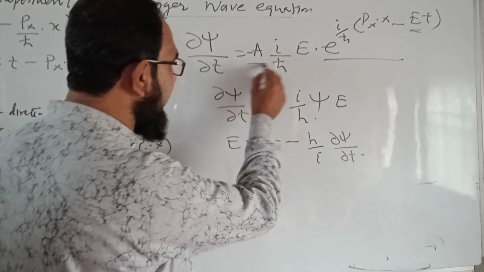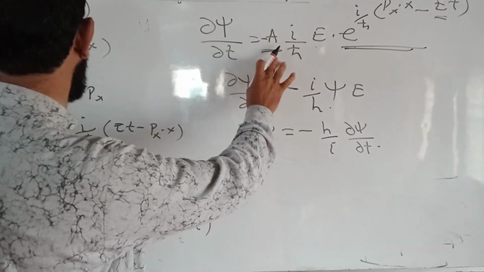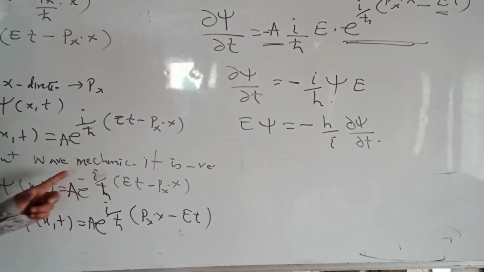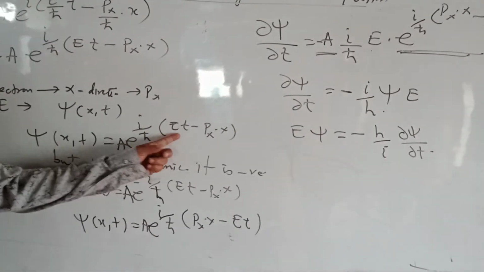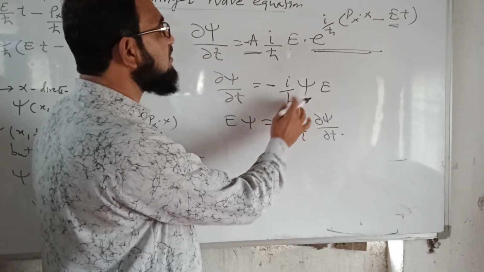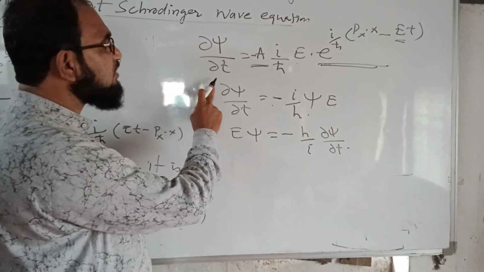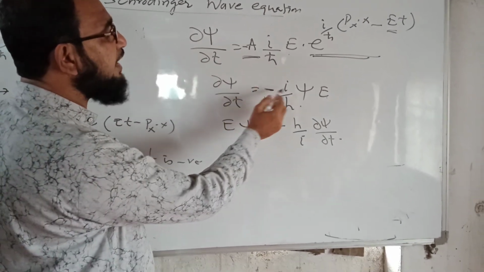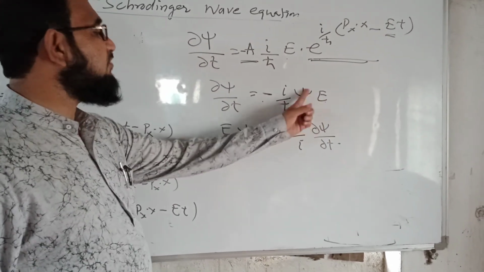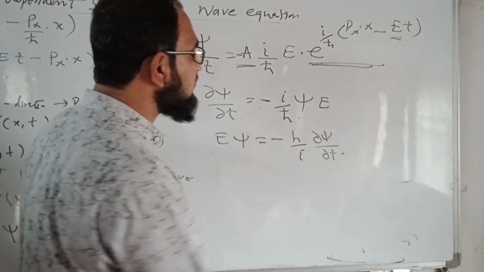So for a and this exponential function I can write the value of psi, because psi is equal to a e raised to power i by h cross (px into x minus Et). So this will become minus i by h cross psi into E, so dou psi by dou t is equal to minus i by h cross psi into E. I will find the value of E psi from here, minus h cross by i into dou psi by dou t.